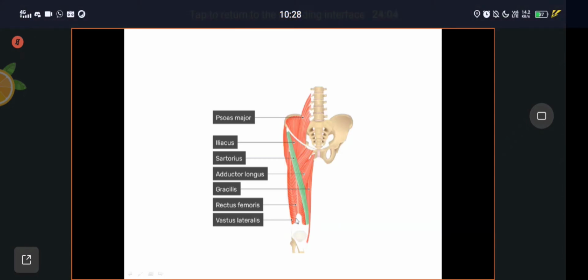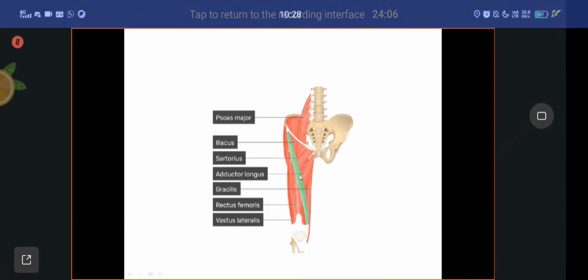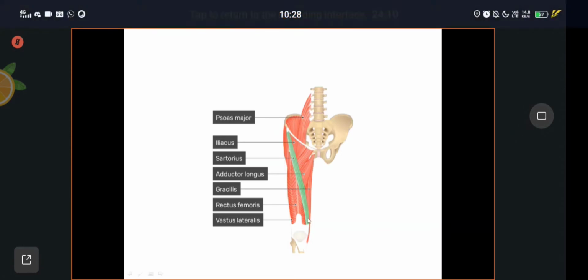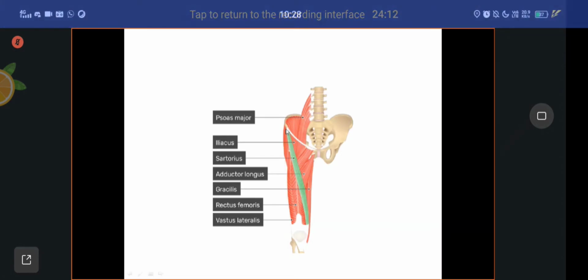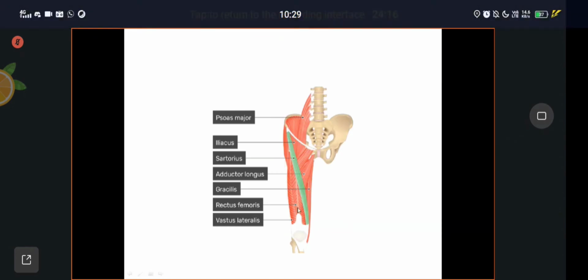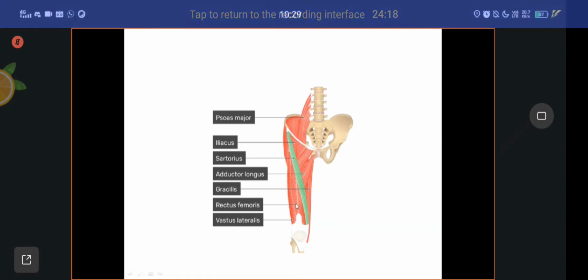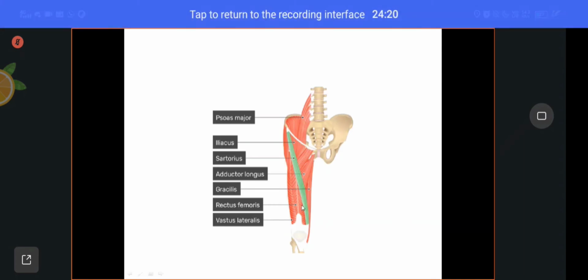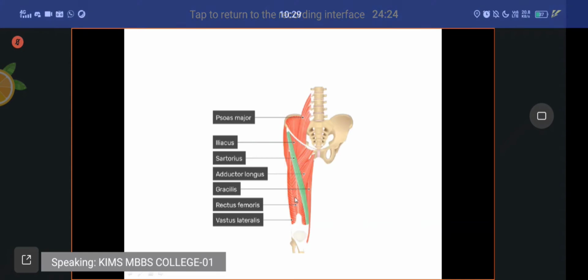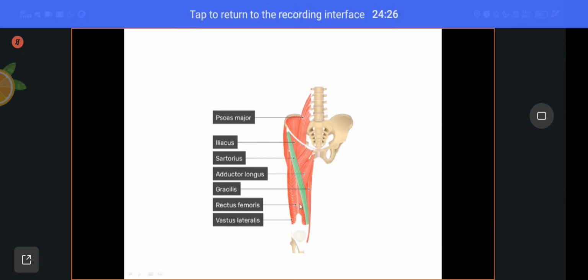In the anterior compartment of the thigh, you can see this muscle, called the sartorius. You already studied that it gets its origin from the anterior superior iliac spine. And below it you can see this muscle, the rectus femoris, which is present in the anterior compartment of the thigh.